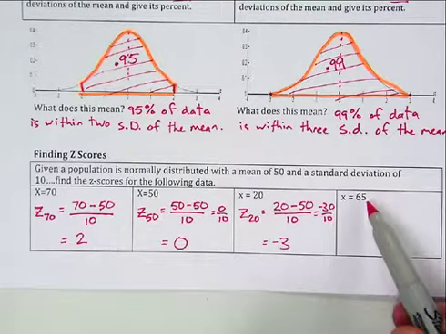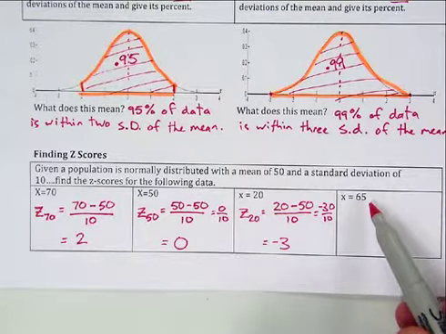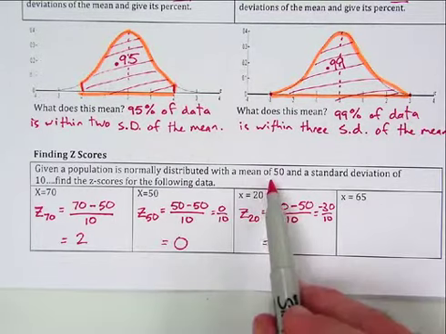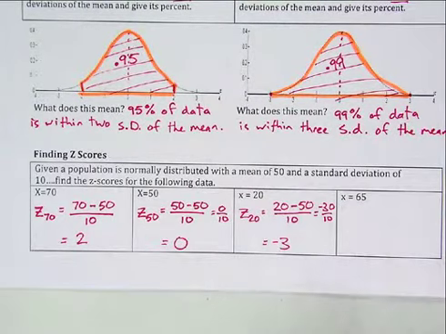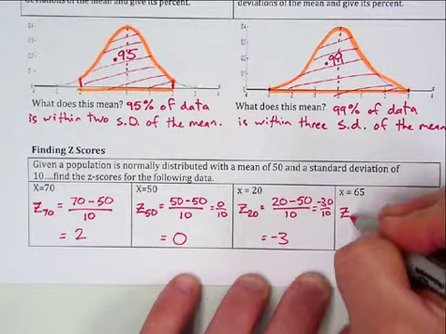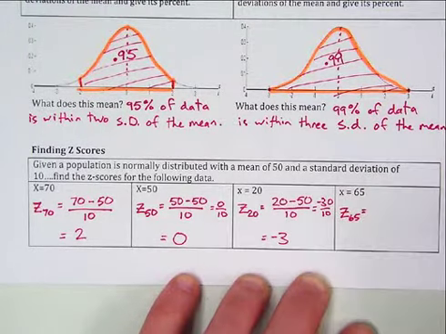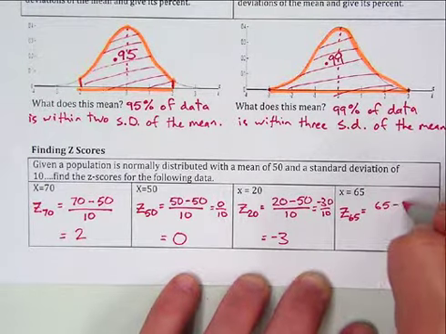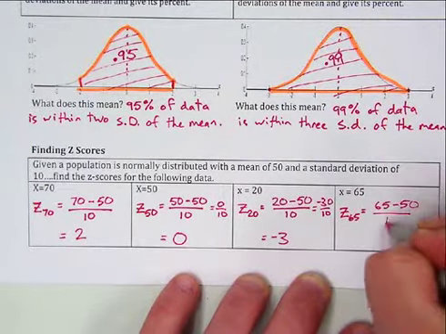So looking at 65, is this going to have a positive or a negative z-score? Well, 65 is bigger than 50, so I'm expecting a positive z-score. So let's see here. Z of 65 equals 65 minus 50 over 10.